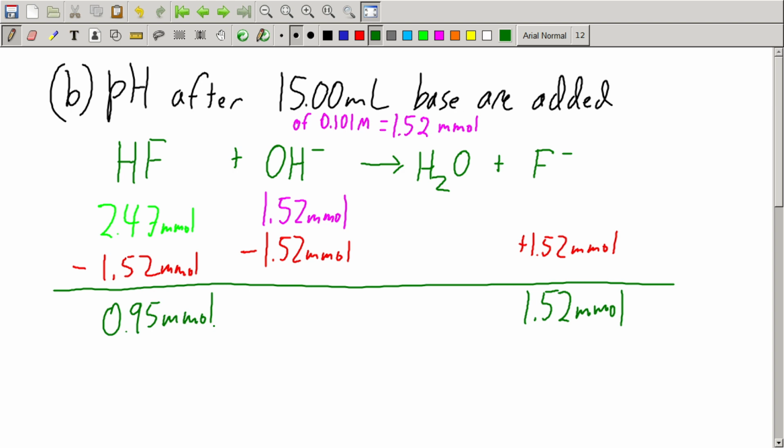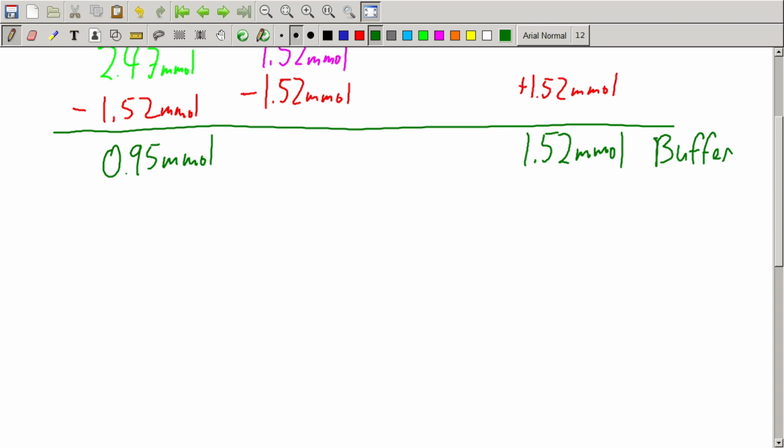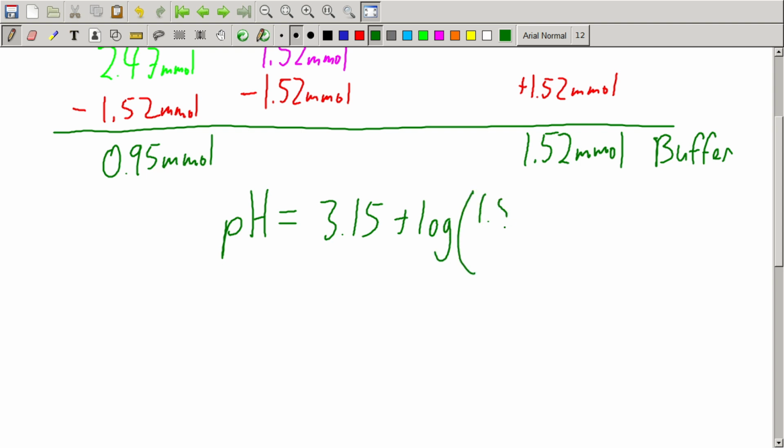We've proven what we said before. This is a buffer. And so we want to get the pH of this buffer. We just plug things into the Henderson-Hasselbalch equation. 3.15, is that what we said? Yeah, 3.15 plus the log of 1.52 divided by 0.95.